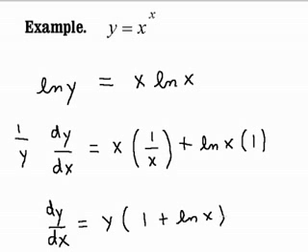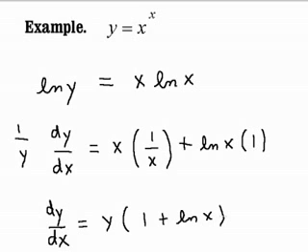And here is our solution. The natural log of y equals the natural log of x to the x, which becomes x natural log of x. Now we differentiate. On the left-hand side we have 1 over y dy dx equals, and on the right-hand side we use the product rule.